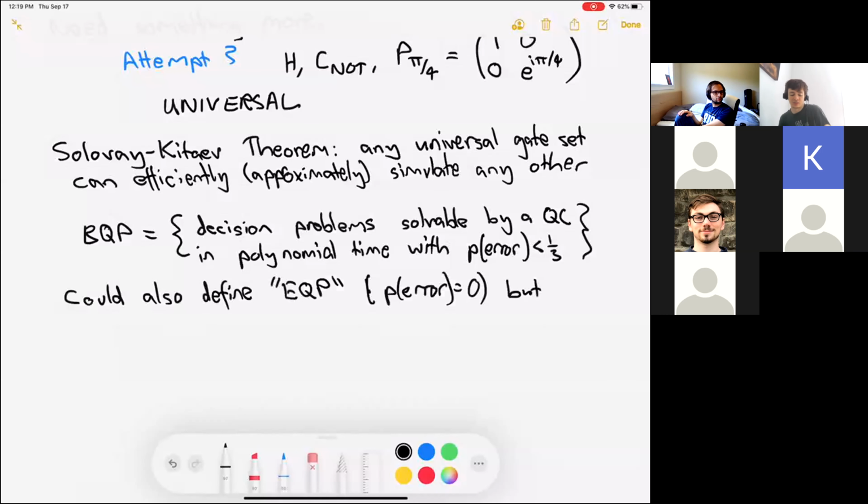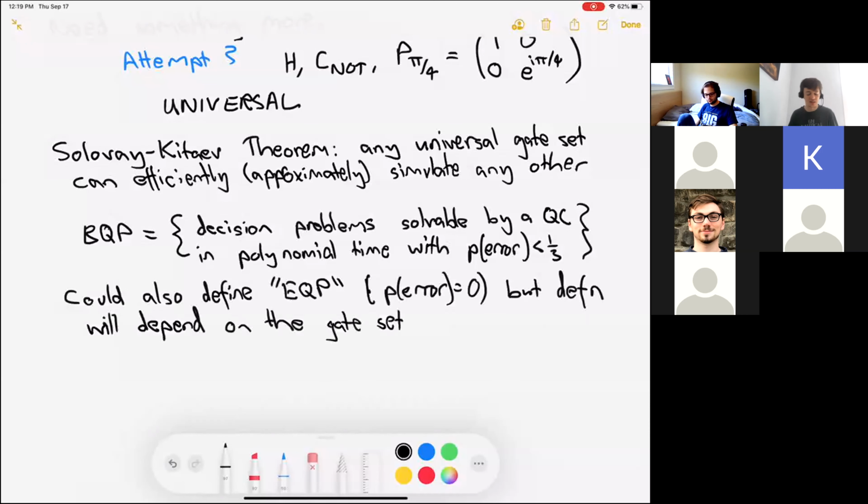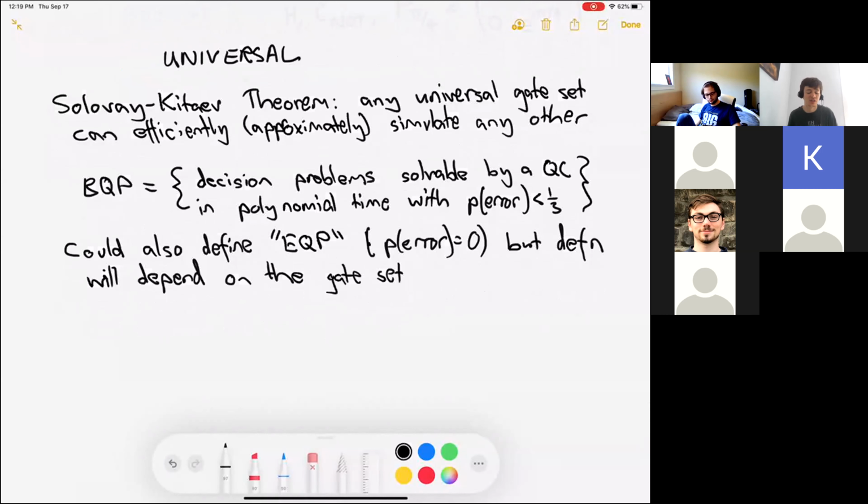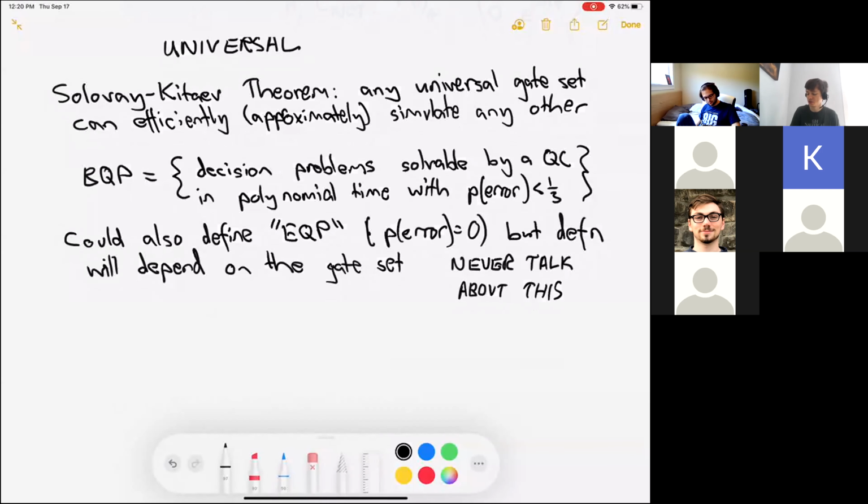But the definition is going to depend on the gate set, right? There are arbitrarily many different definitions depending on what gate set you choose, and there's no one natural preferred definition. So people basically don't ever talk about this. The natural class to talk about is BQP, the probabilistic version.